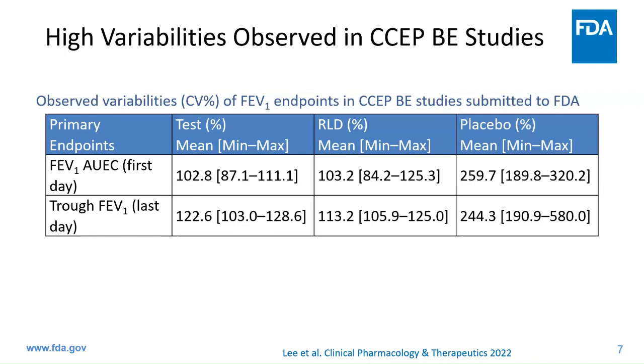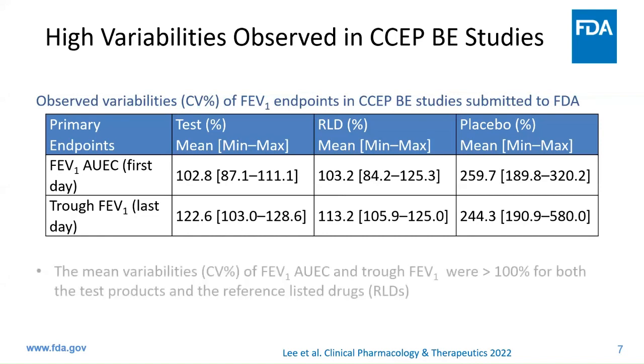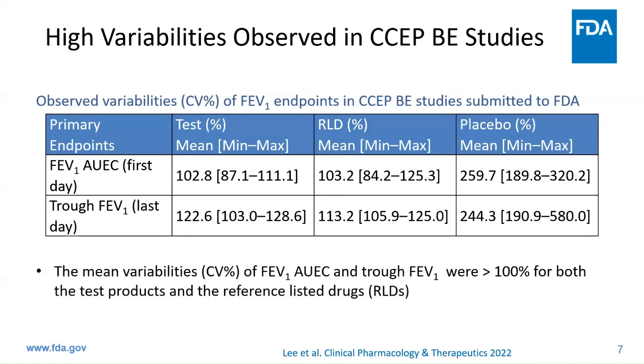Basically, in this study, we collected the studies submitted to the FDA that contain the comparative clinical endpoint study with FEV1 endpoints. And we analyzed the variabilities from those studies, basically the CV percentage. We found that the mean variabilities, the CV percentage of FEV1 AUEC and the trough FEV1, were more than 100 for both the test products and the reference listed drugs.